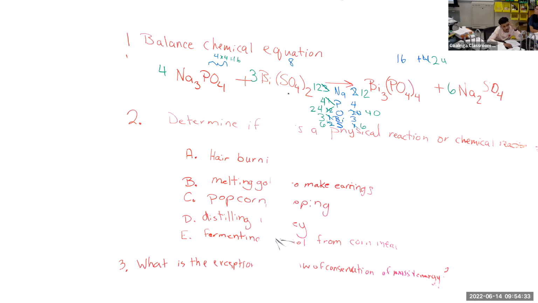That's 8. 8 times 3, 24. 24 plus 16. 40. Well, that was a big beast, wasn't it? Okay, so our coefficients are 4, 3, 1, 6. Works out? Yeah. Okay.